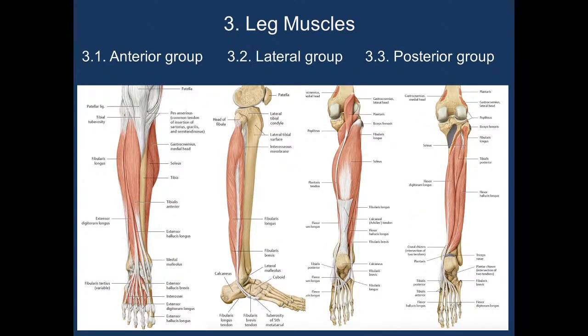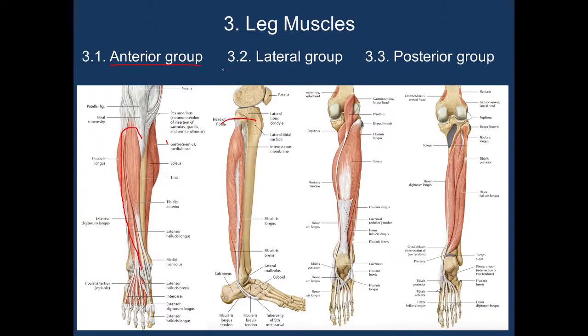Leg muscles, we could find three groups here. Anterior group has three.